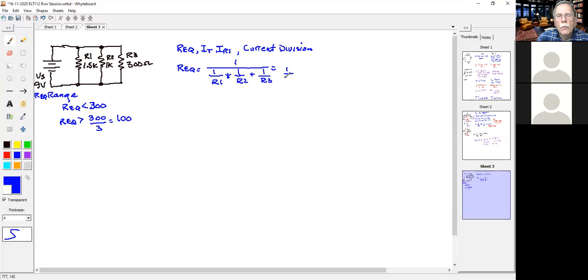So I have 1 over 1.5K plus 1 over 1K plus. I'm sorry, it's 9 volts, right? For the 9 volts. Yep. Okay. 1 divided by 300. So that should come out to be 200 ohms. Somebody want to double check that?